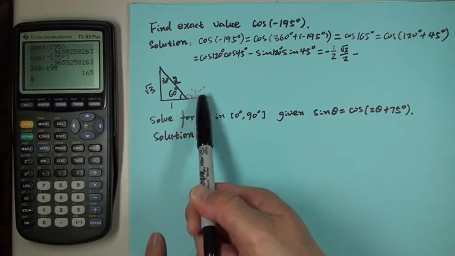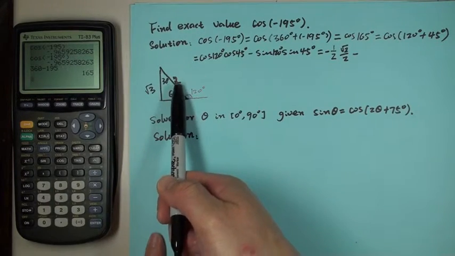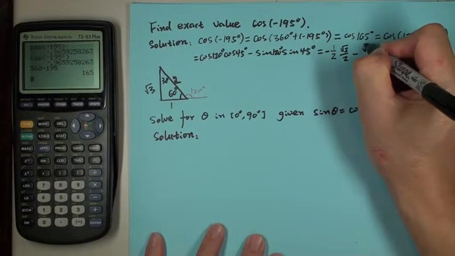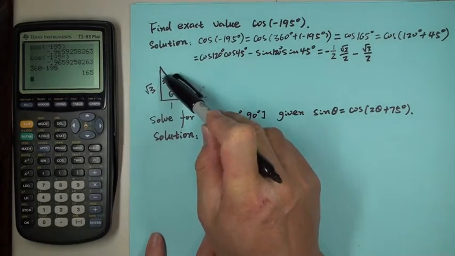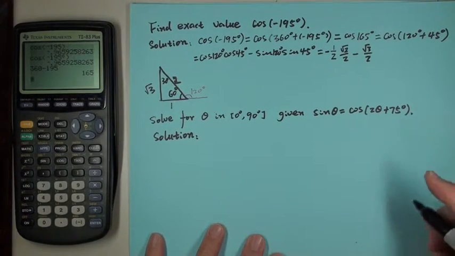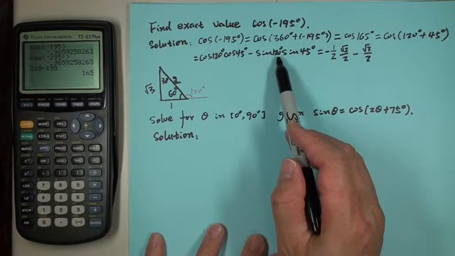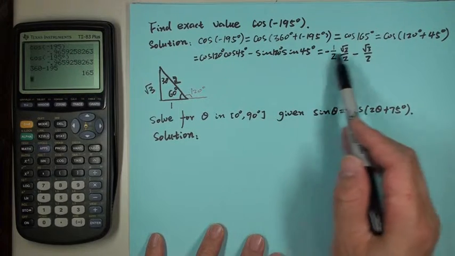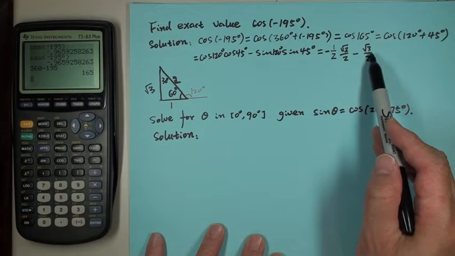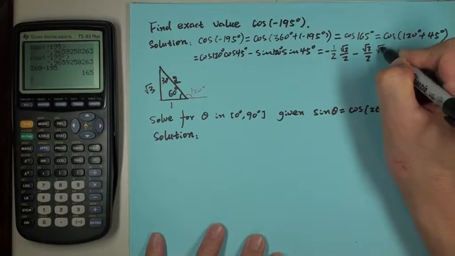For sine 120 degrees, the reference angle is 60, and that's radical 3 over 2, opposite side over hypotenuse is sine. Sine 120 degrees is in the second quadrant, where sine is positive, so here it is correct: radical 3 over 2. Sine 45 is always radical 2 over 2.